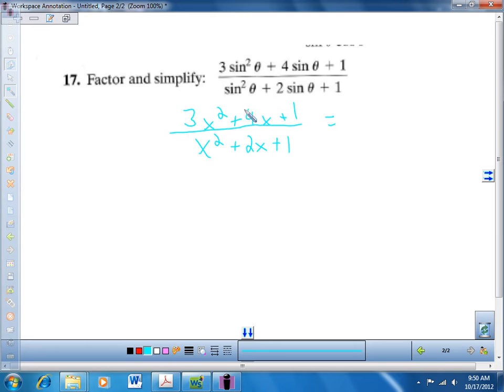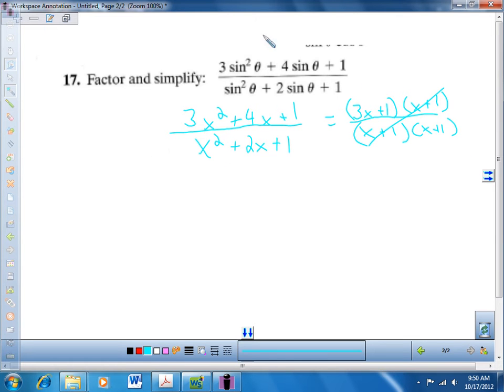The top factors to 3x plus 1 times x plus 1, and the bottom factors to x plus 1 times x plus 1. And so these cancel out, and that's what you get.